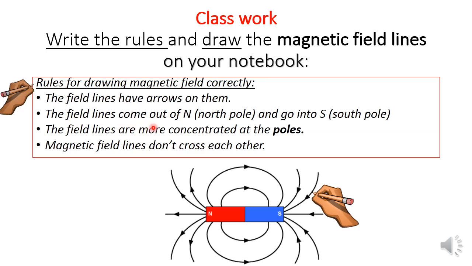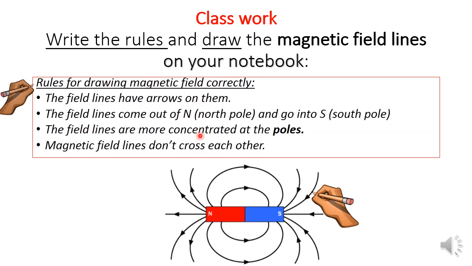Second, the field lines come out of N, the north pole, and go into S, the south pole. So all the lines come out of north towards south.